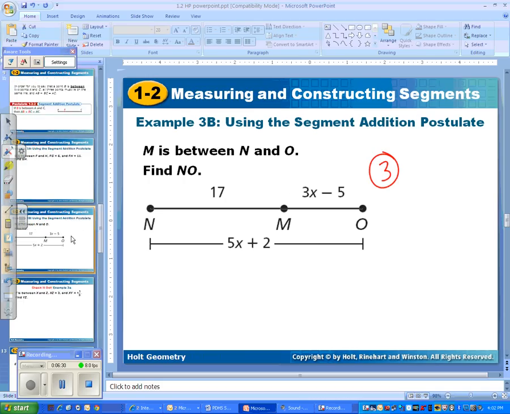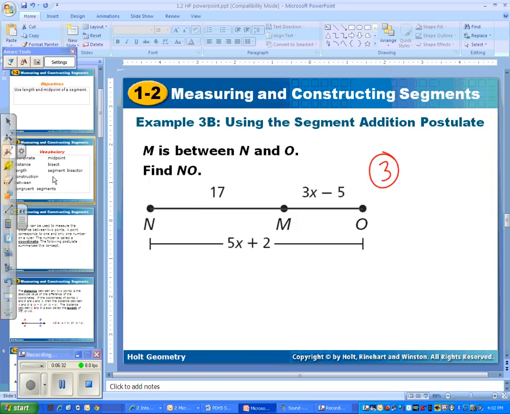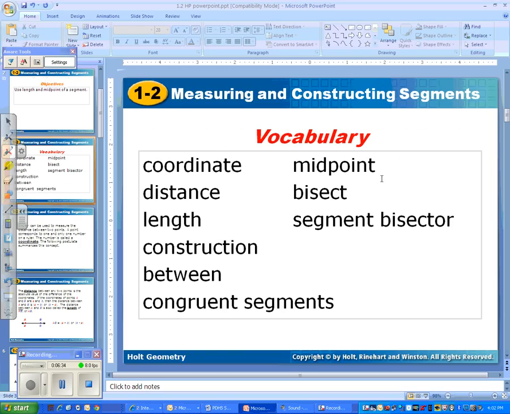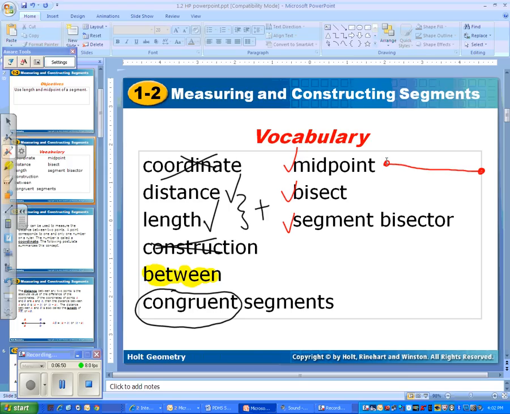Okay. The last thing we're going to talk about today is the midpoint and bisect and segment bisector, and congruent segments we've kind of already talked about. These 4 words are kind of all talking about the same stuff. So midpoint, I bet you guys could guess it. Mid kind of sounds like middle. Point is a point.